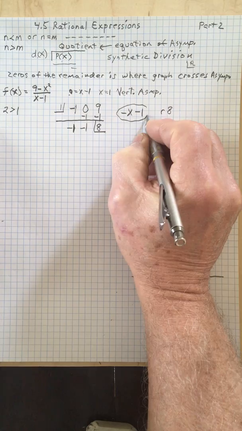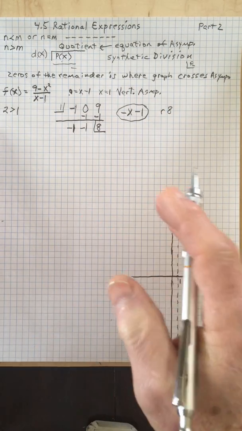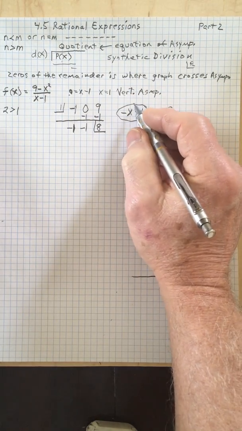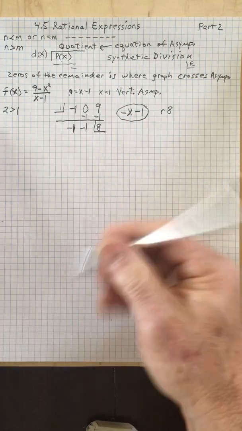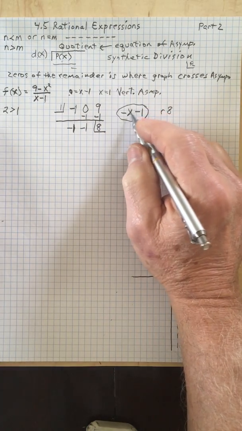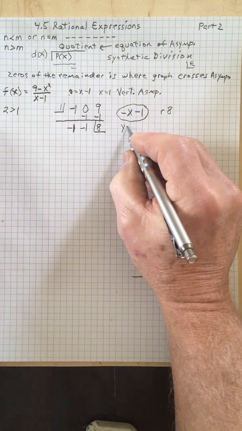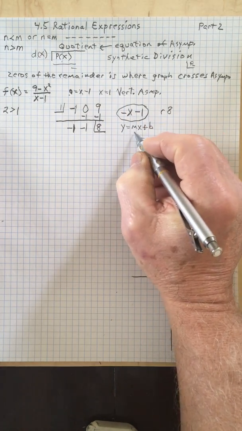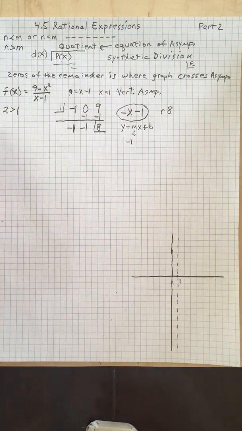That's the equation of the, in this case, oblique asymptote. If it was squared or cubed or something, then it's going to be nonlinear, and you're going to have a curved asymptote. But this is actually the equation of a straight line. This is y equals mx plus b, where the slope is minus 1. That means it's a downhill line.